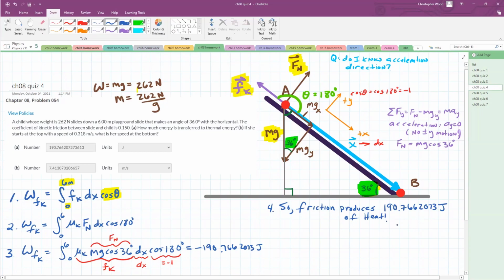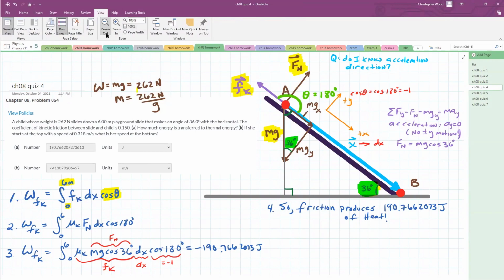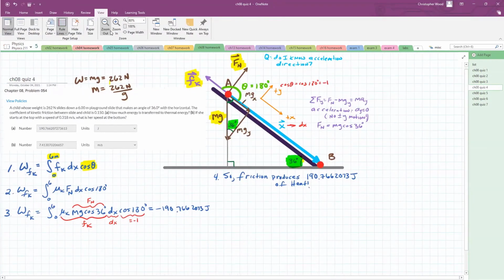A ramp problem. These ramp problems are popular and common because you can see they require a lot of analysis. But we're not done, because part B says, what if this child starts with some initial kinetic energy?